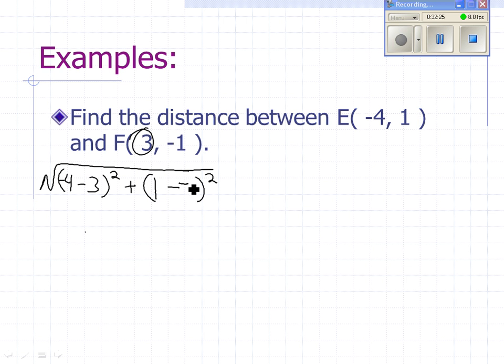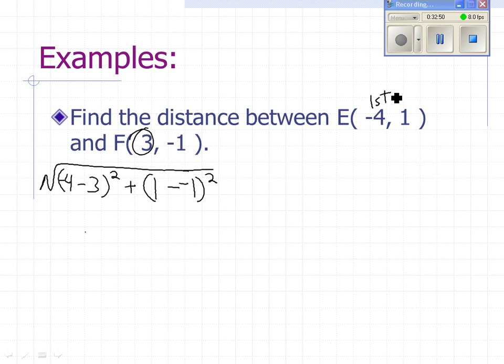Now, look at what Kaylee did. Christian took this one first, then this one second. Kaylee switched them around. If you were doing slope formula, that would matter. You can't do that. If you're doing the distance formula, it doesn't make any difference. It's still going to give you the same answer. All right, so it doesn't matter if you swap them.